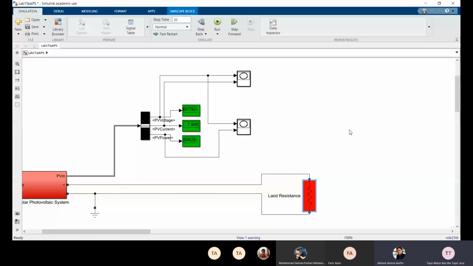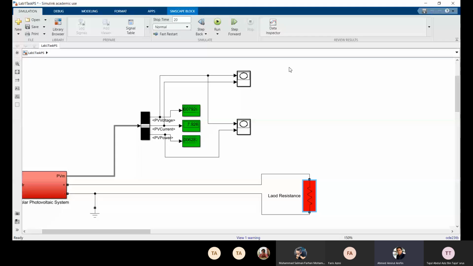Have you set the value? Yes. How much did you set? 0.0001 ohms. Okay, what's the reason behind this? When the resistance is low, there will be more current flowing, so it will be a short circuit. Okay, that's great.